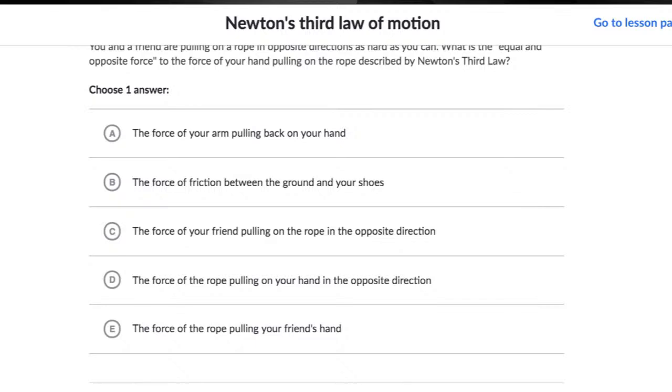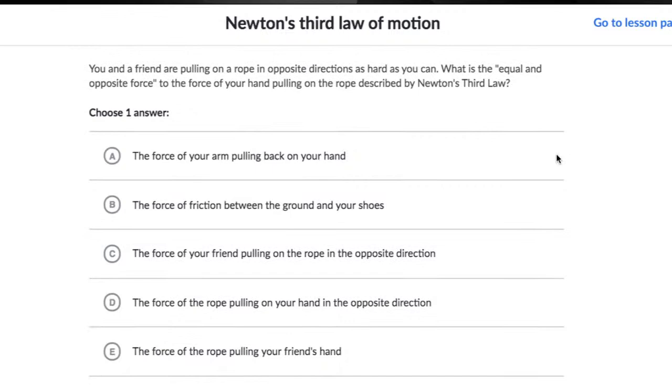So think practically and then answer. Okay, I hope I got the correct diagram.